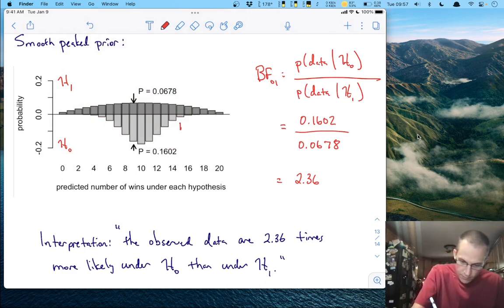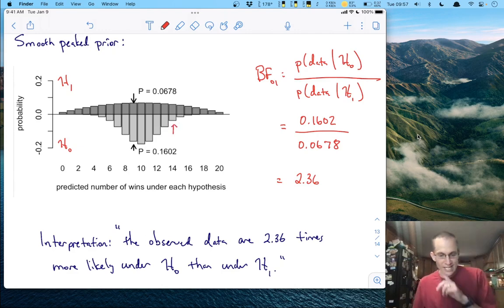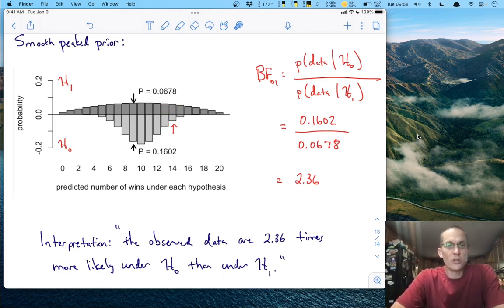That's 15. Let me move that. Let's suppose you observed 14 successes. Now in this case, you can see that the probability would actually be higher to observe that under H1 than under H0. So you could modify that R code that I have and actually find those probabilities. I won't ask you to do that in any homeworks here, but you certainly could.